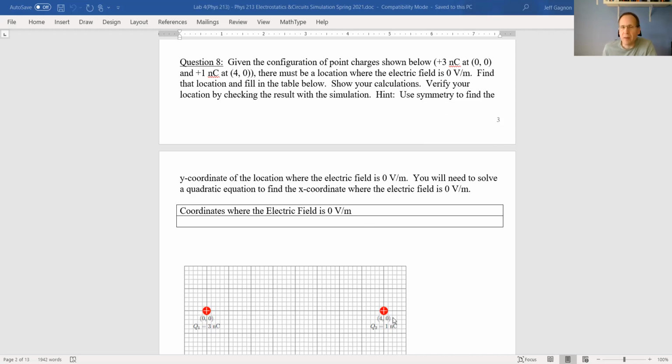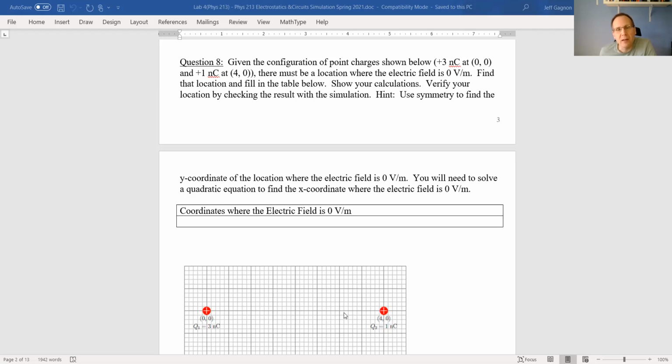Now, if you think about this, remember, the electric field due to the charge at (0, 0) is going to be directed in the positive x direction, and it'll be pretty large because you have a plus 3 nanocoulomb charge there. And the electric field due to the positive 1 nanocoulomb charge at (4, 0), if you're to the left of it, is going to be pointing to the left, because it points radially outward, away from a positive charge.